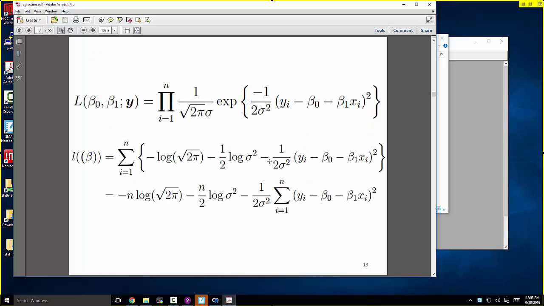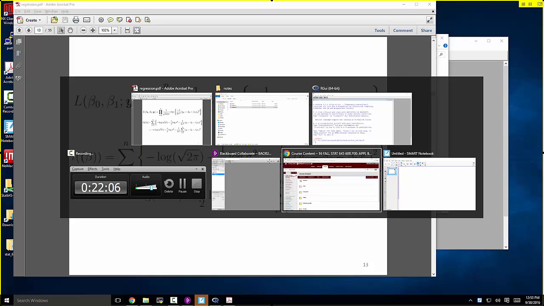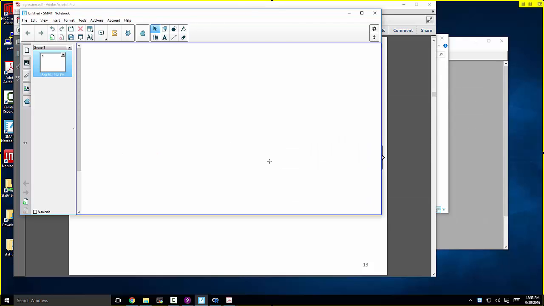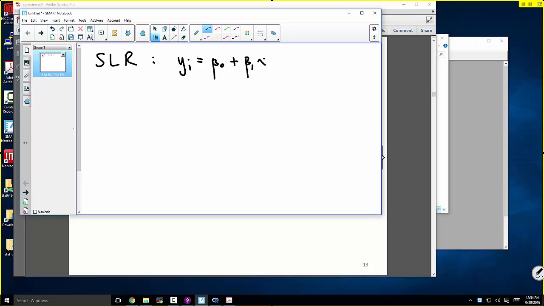In the simple linear regression case, let me write it down for real quick here. Simple linear regression, SLR, the model is just y_i equals beta 0 plus beta 1 x_i plus epsilon_i. Simple linear regression means just one covariate.